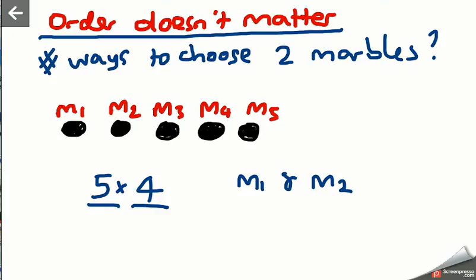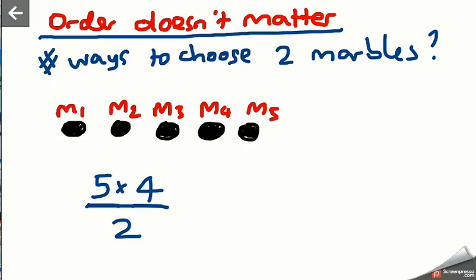And so what I need to do is divide 5 times 4 by 2. I need to divide it by 2 to get rid of the double ups.